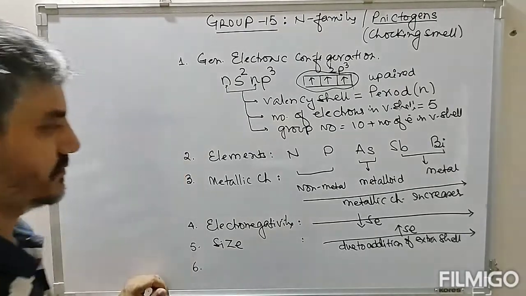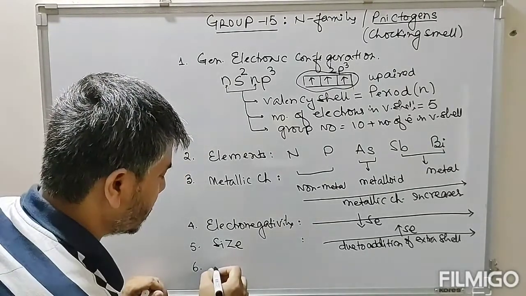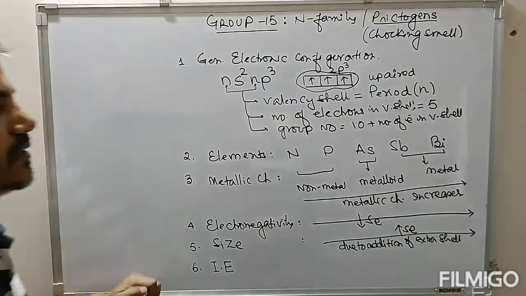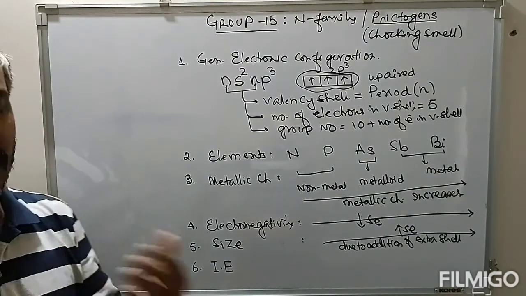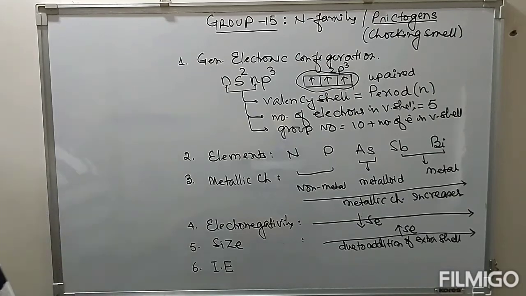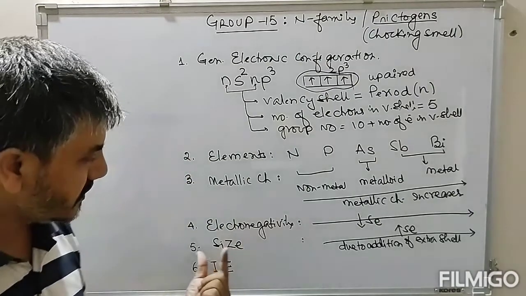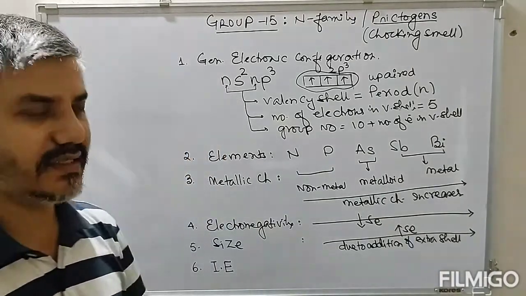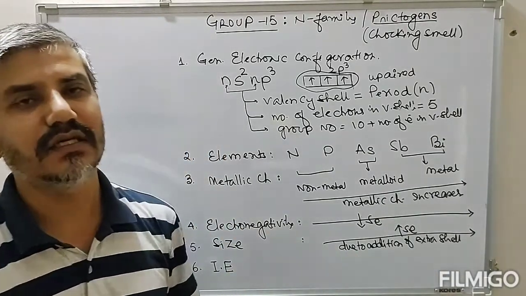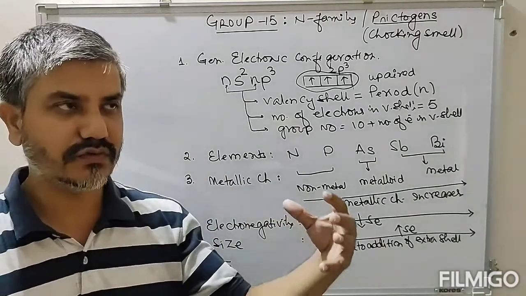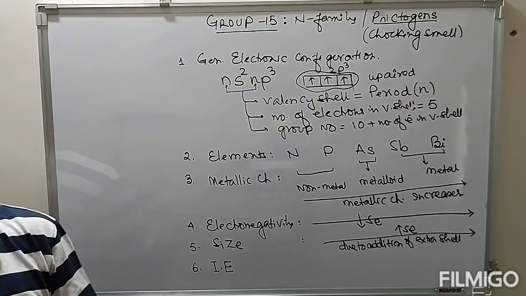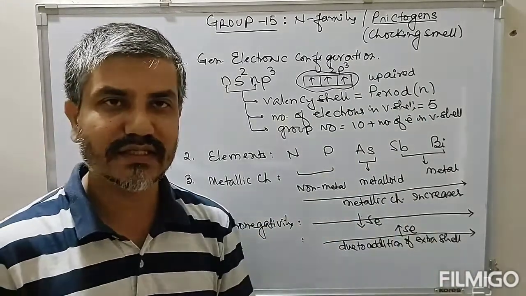Number 6, ionization energy. Energy required to remove the electrons from the valence shell. Now we are saying moving down the group, size increases. As the size increases, the attractive force between the valence shell electron and the nucleus keeps on decreasing.